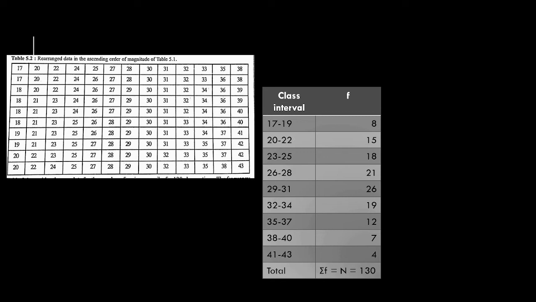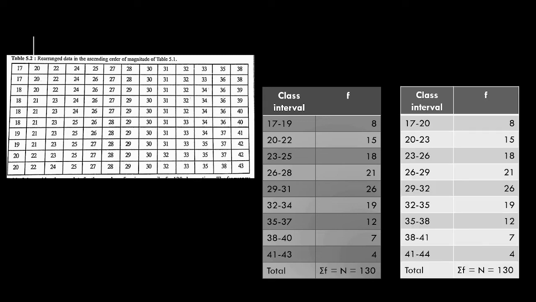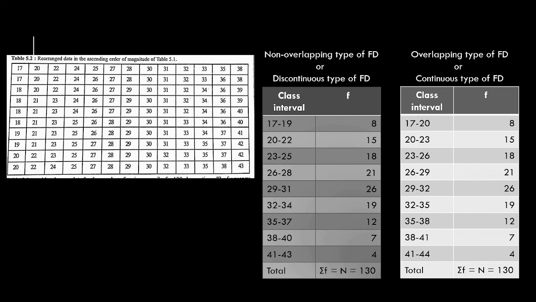The group frequency distribution can be formed in two different ways: overlapping and non-overlapping type of frequency distribution. In the non-overlapping type, the first class interval includes the values from 17 up to 19, and the second class interval will include values from 20 to 22. However, in overlapping type, the first class interval will also include the values from 17 up to 19.